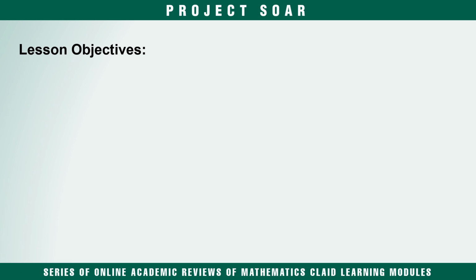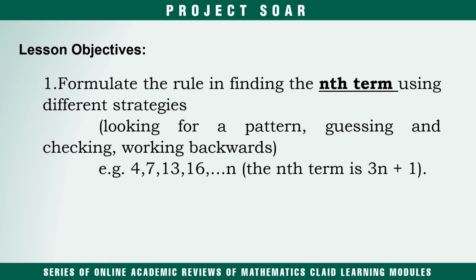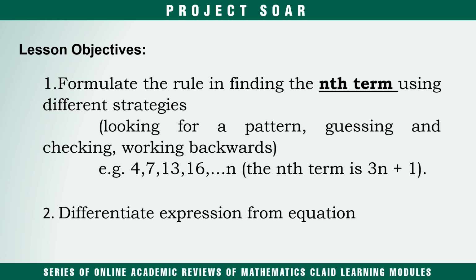The lesson objectives: number 1, formulate the rule in finding the nth term using different strategies, looking for a pattern, guessing and checking, and working backwards. Example: 4, 7, 10, 13, 16, and so on. The nth term is 3n plus 1. Number 2, differentiate expression from equation.